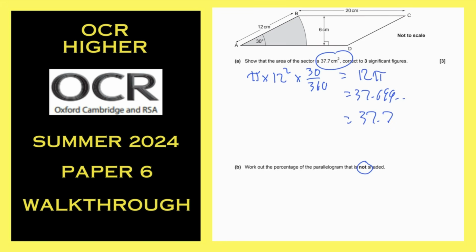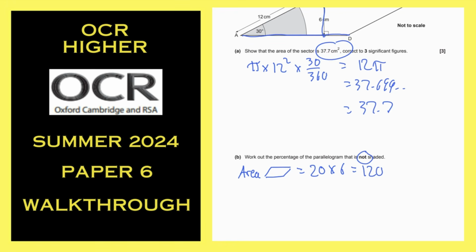Work out the percentage of the parallelogram that is not shaded. Well, first job, we need the area of the parallelogram. That is base times height. 20 times the 6. Easier than you might have thought. So what percentage is not shaded? Well, the amount which is not shaded is 120 minus the sector.